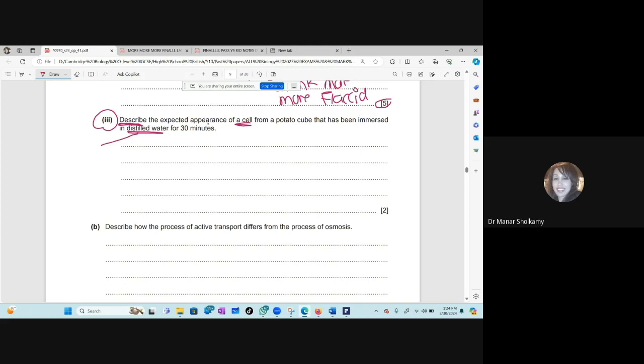What does distilled water mean? Pure. Yes, very good. You have to know the names: hypertonic, hypotonic, concentrated, dilute, distilled. Distilled water means that the potato was put in pure water for 30 minutes. How will one cell from this potato look?